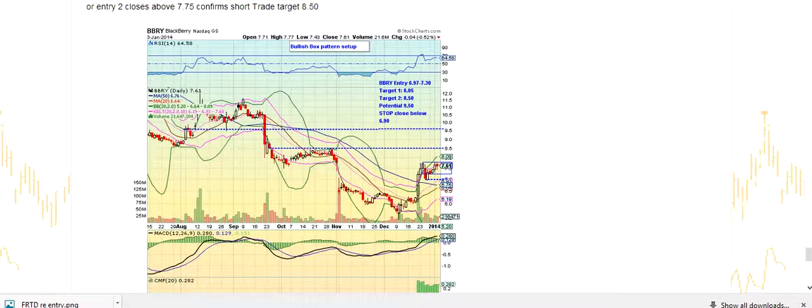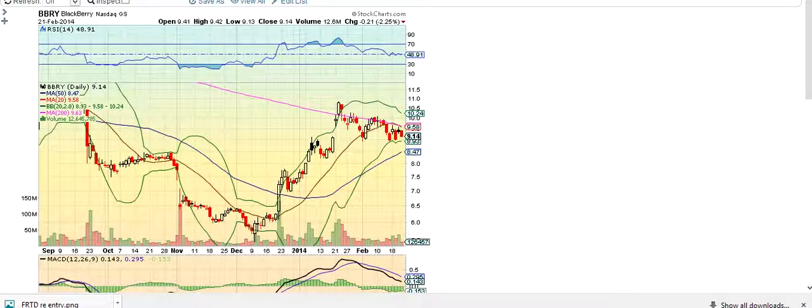If you look at the chart now, when we alerted that stock, it was in this range. You could have bought in down here at the $6.90 to $7 range. That stock hit a high of $10.50, so it hit our targets 1 and 2.